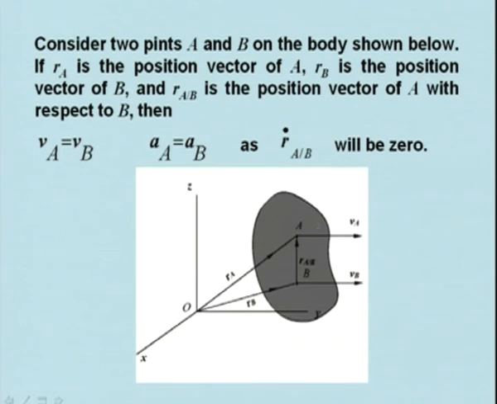Because RA is equal to RB plus RA/B, a sum of these vectors, and RA/B is always constant because it is not rotating.